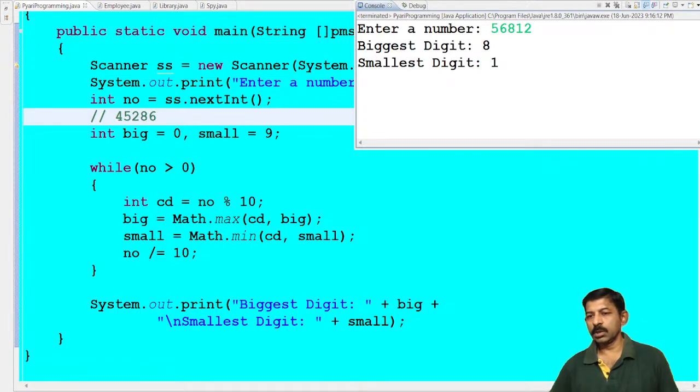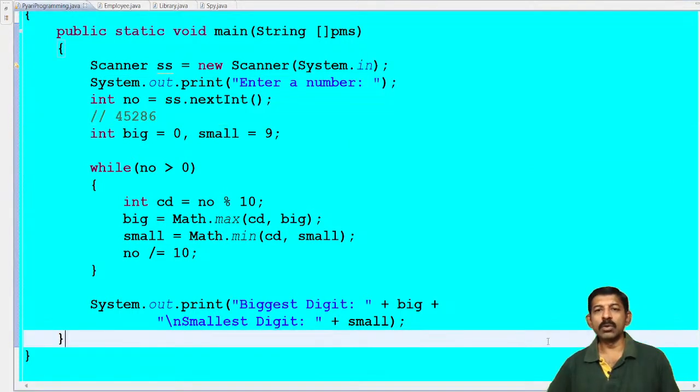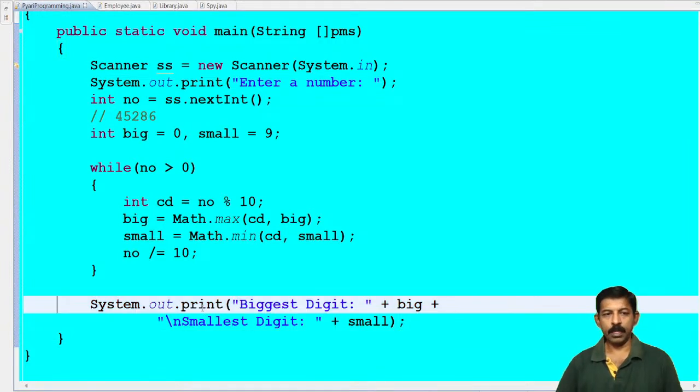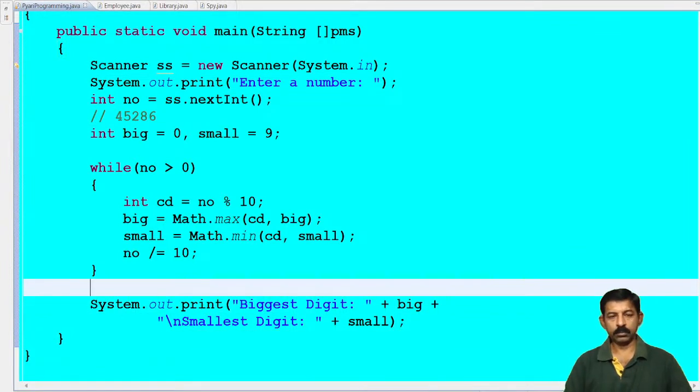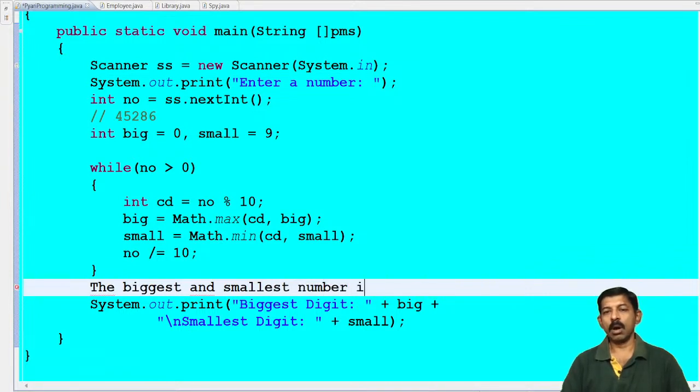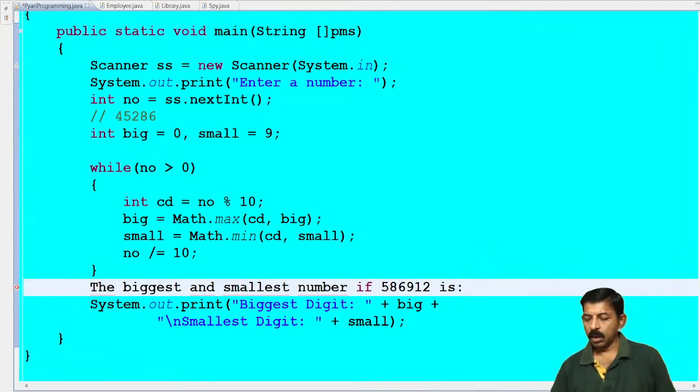Now the next question. I just want to display the output like this: the biggest and smallest number of 586912 is 9 and 1.